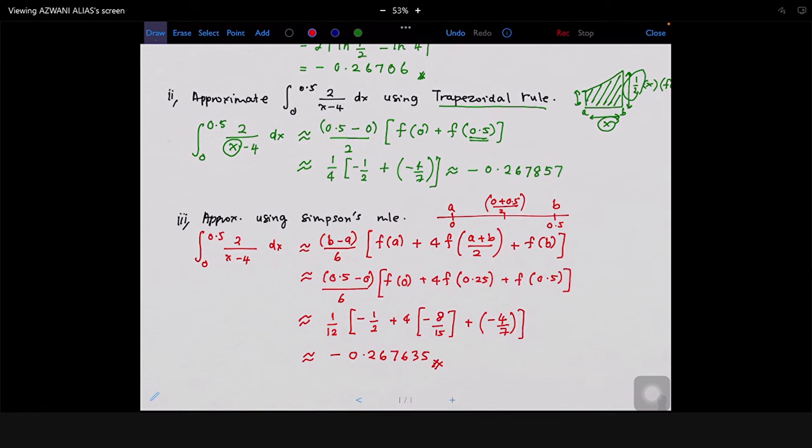Ni lain je, lain saya dapat, sekejap, silap kira. So, dia dapat negatif 0.267063.